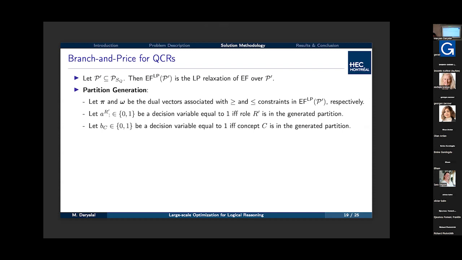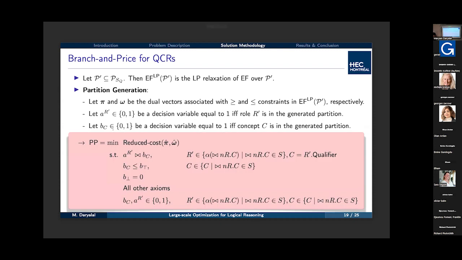I defined two because I want to create this partition, right? So the parameters that characterize the partition now become my decision variables. This AR prime, which was the parameter that told us whether a particular role exists in my partition, is now my decision variable. Also, I'm defining BC, which tells me whether this particular concept C exists in my partition or not.